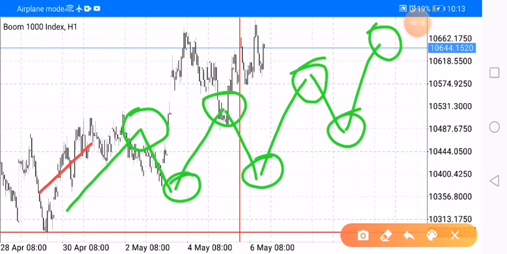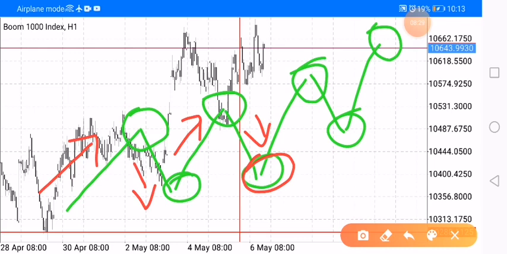So a higher high, higher low, higher high, higher low, meaning this low is often at a higher position or at a higher point of price than this low, and this low is often at a higher position or point of price than this other low.